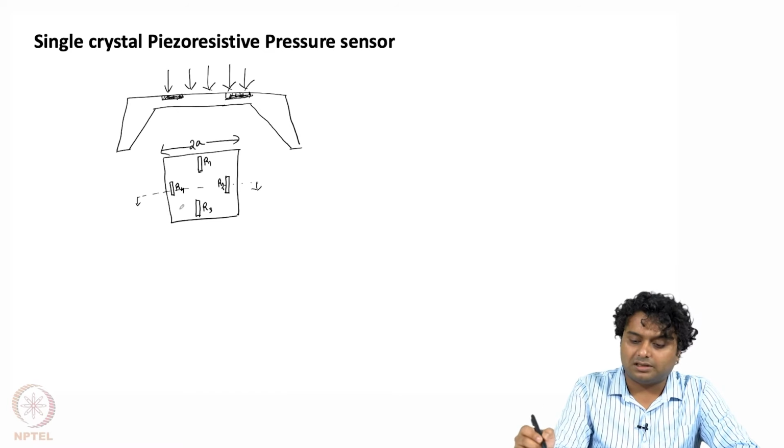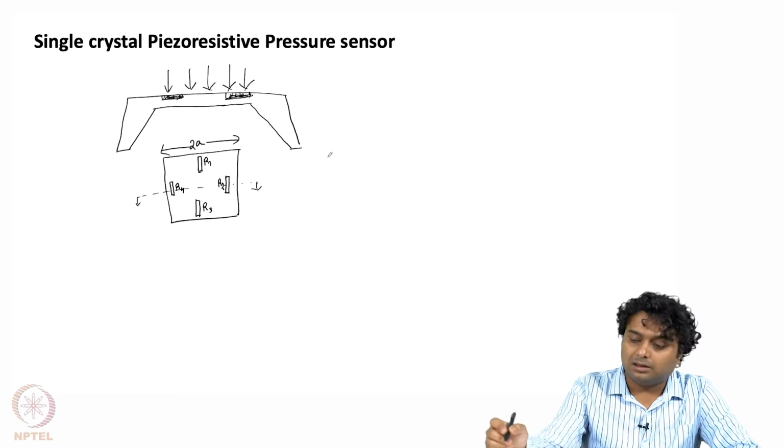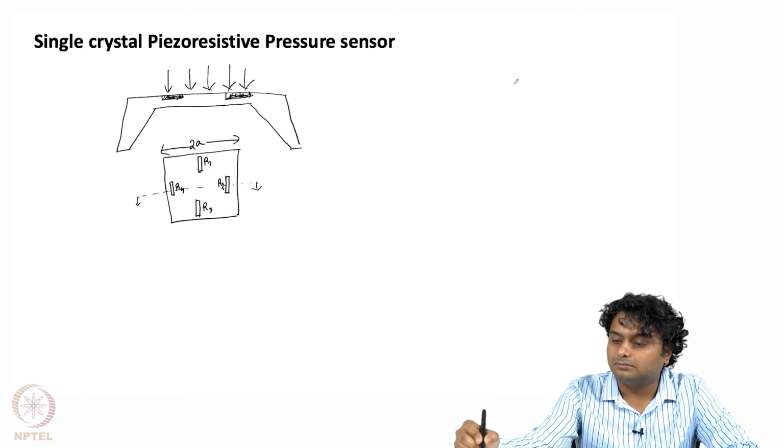We have measured the stress and strain along this axis, right, and then they are connected like a Wheatstone bridge.